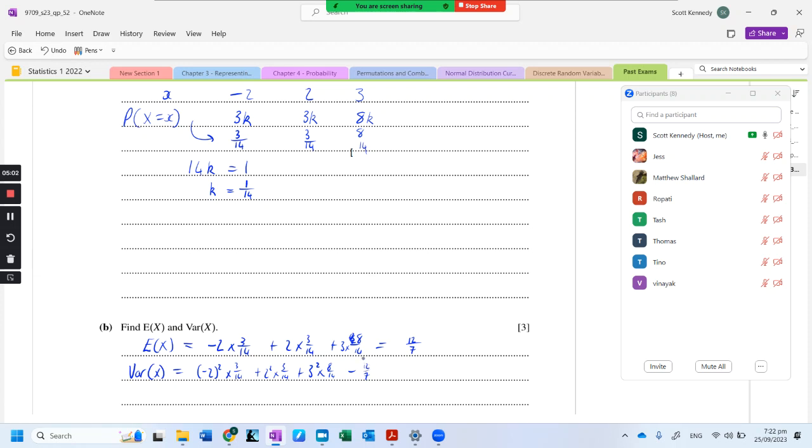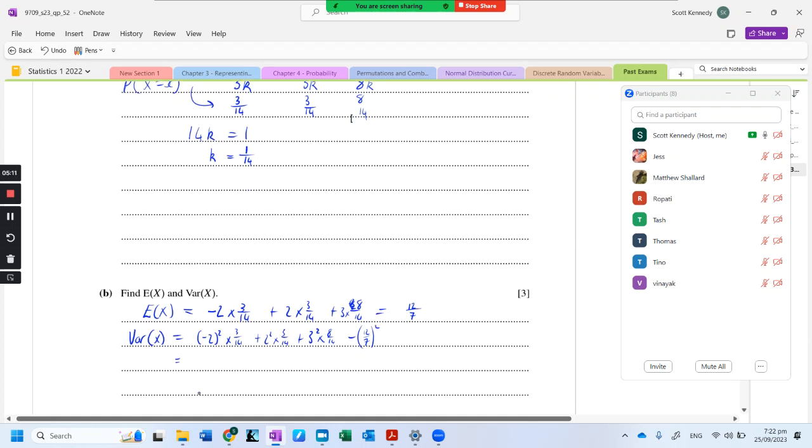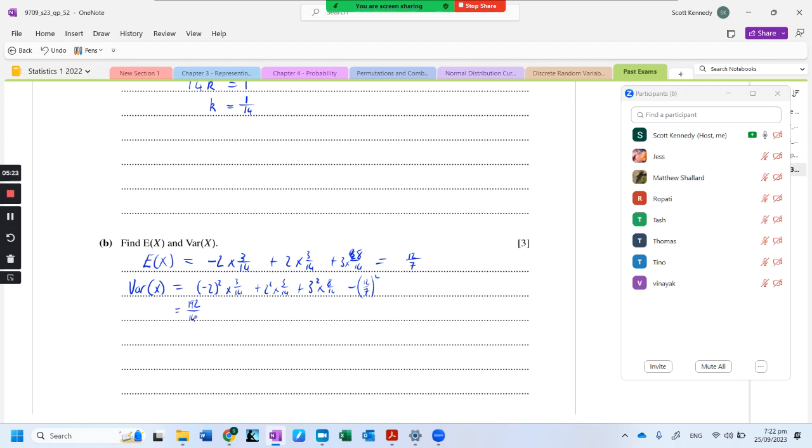So this one squared. And we can put that into our calculators. Now, when I did this before, I got 192 over 14. All right, so there's our first question. I think it's quite a nice, easy one to start off.